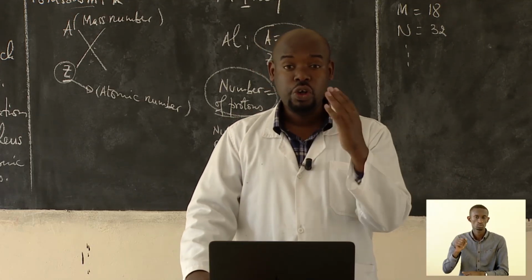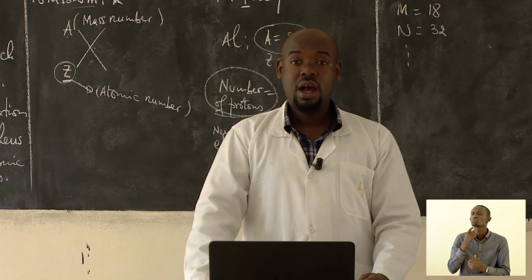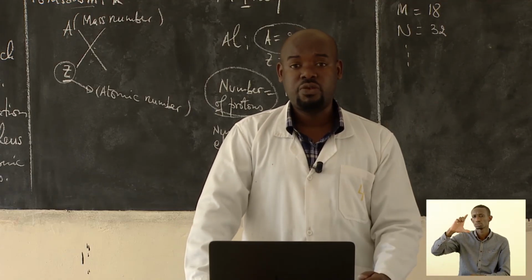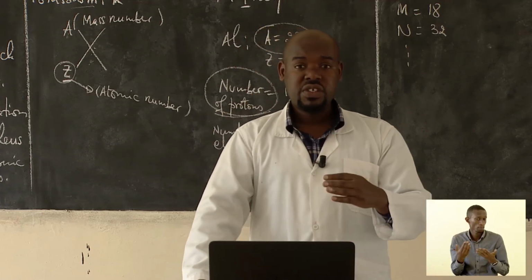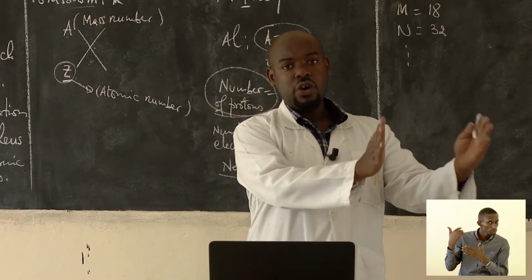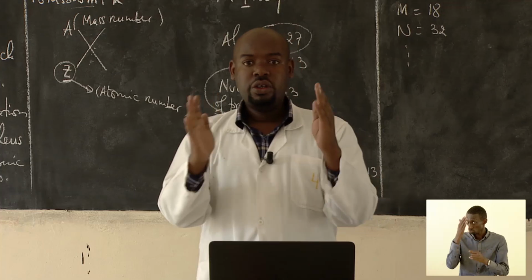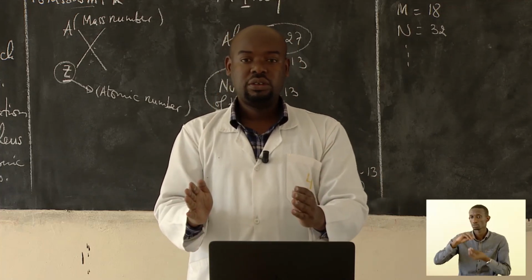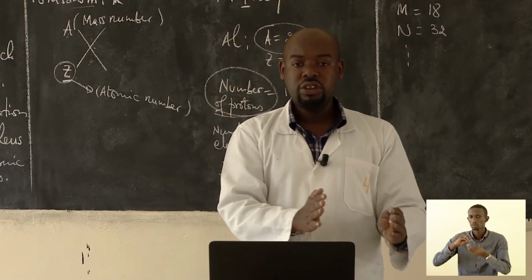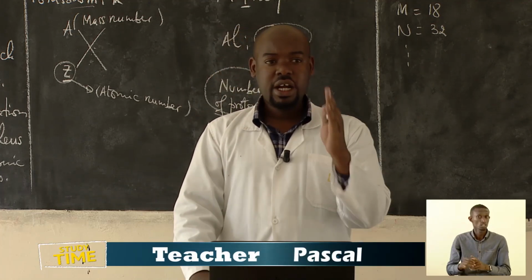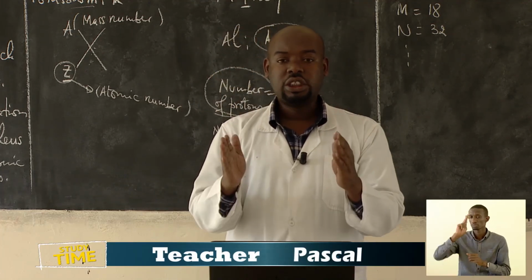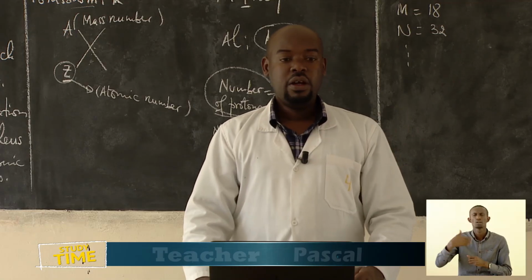So we should know the number of electrons. How do we determine the number of electrons? Remember, from the previous exercise, if you know the atomic number, you also know the number of protons. If you know the number of protons, you also know the number of electrons. So we can determine the number of electrons from the atomic number.